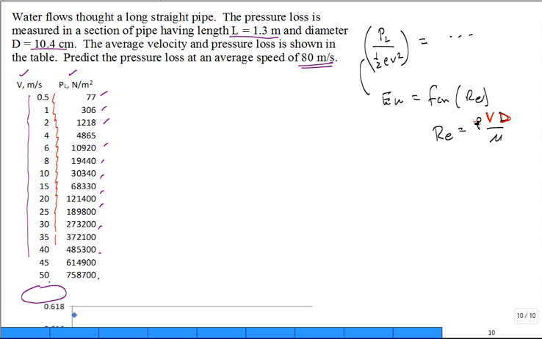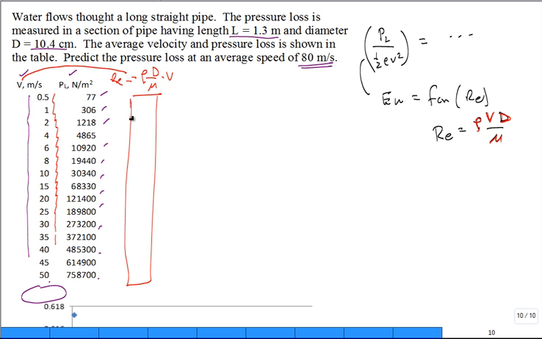Is rho changing? No. Is mu changing? No. So all you have to do is take this V, and you multiply that V by rho D over mu, and you get Reynolds number, and you put that in a new column in your Excel spreadsheet. Now you have dimensionless Reynolds number. You started with V, you got dimensionless Reynolds number.